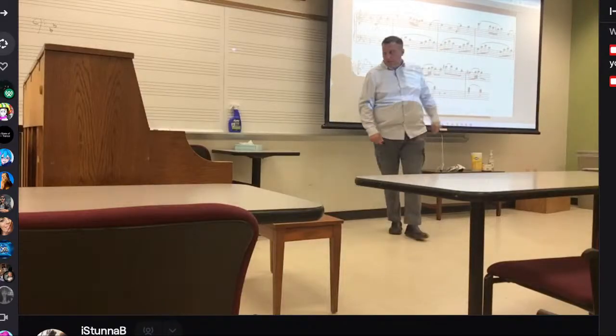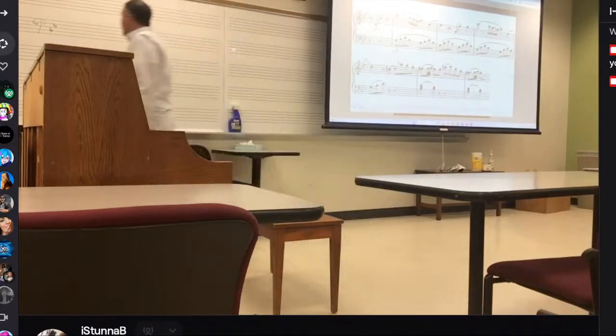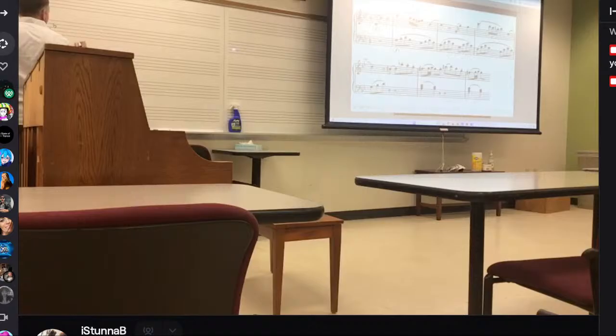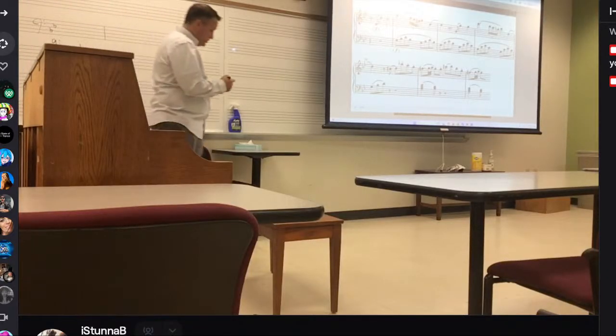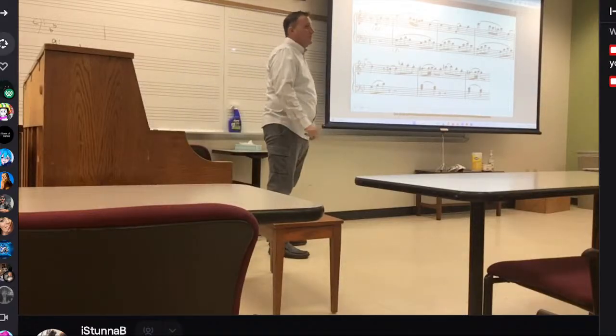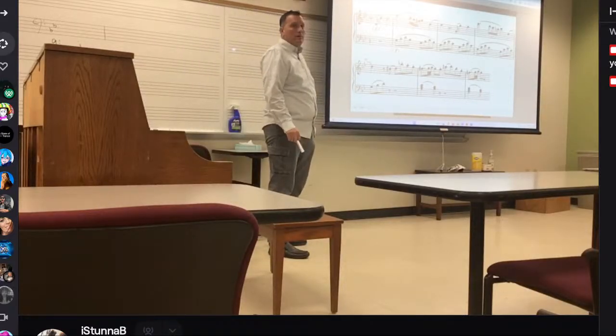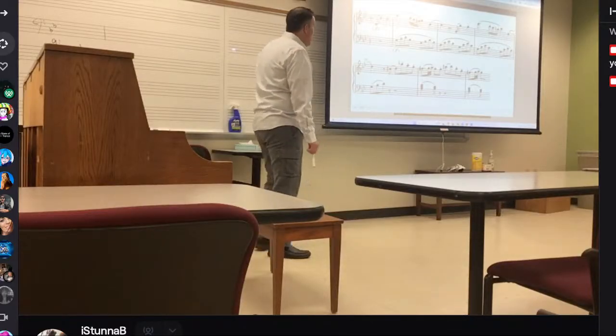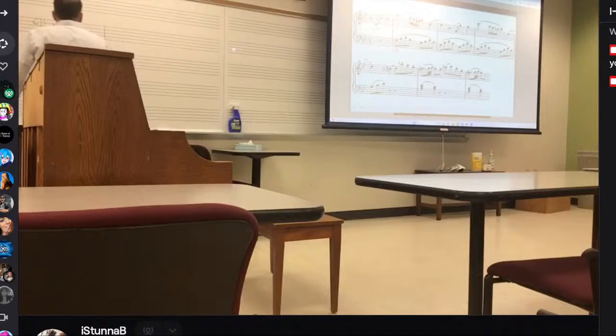What's this triad here? So we have G minor, we have a one chord, the first bar. Second bar: G, C, and E flat. 6/4 would be G, E flat, D, but the D would be in the bass, so D, G, B flat.